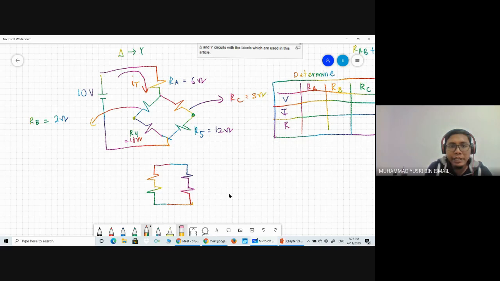Always refer to the nodes. Nodes are very important. RB and R4 are in series.